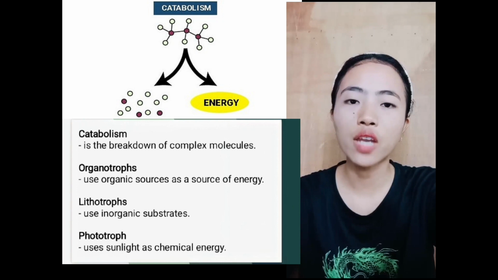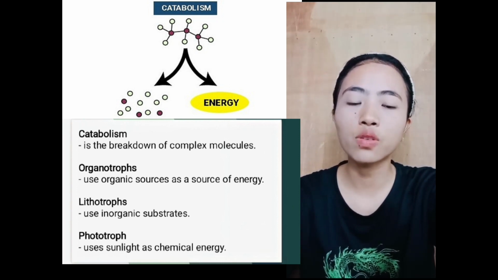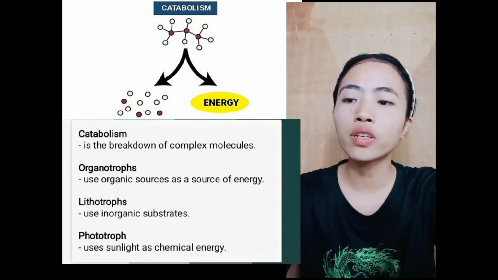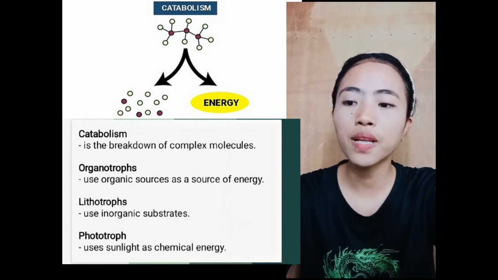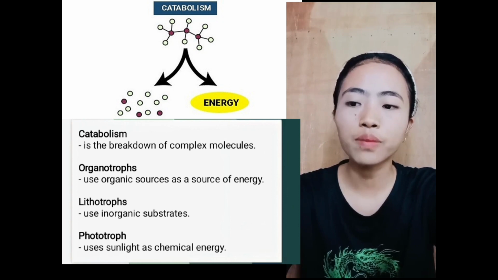Next is the organotropes. Organotropes use organic sources as a source of energy. Organotropes play a crucial role in metabolic processes by utilizing organic compounds as a source of energy. Through catabolic reactions, these organisms break down complex organic molecules such as carbohydrates, fats, and proteins.